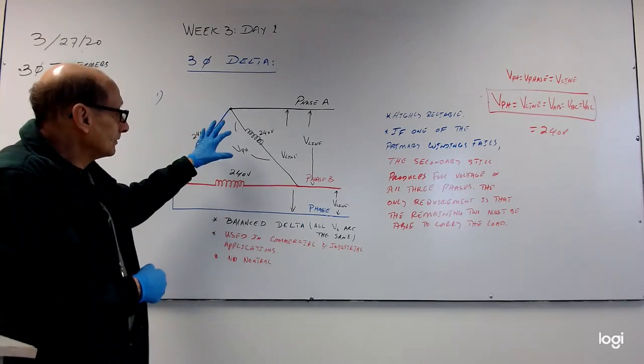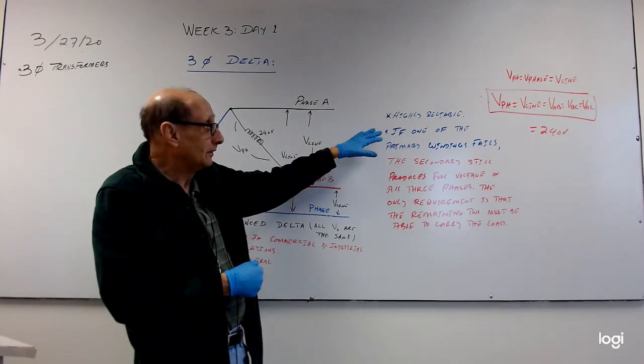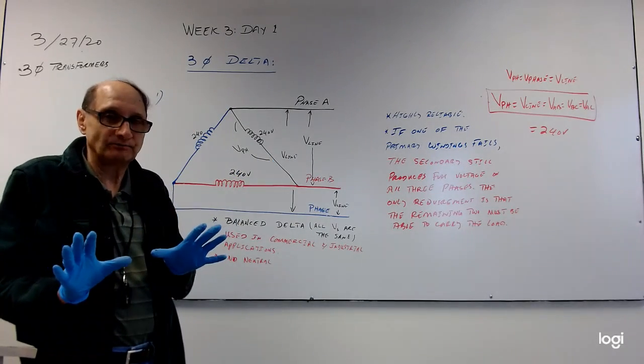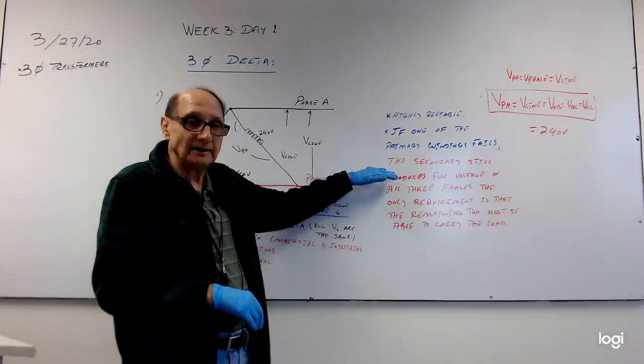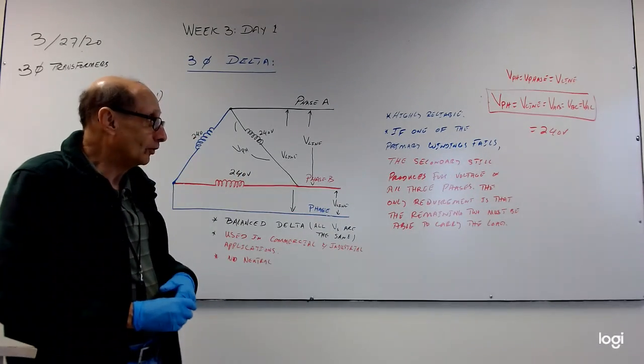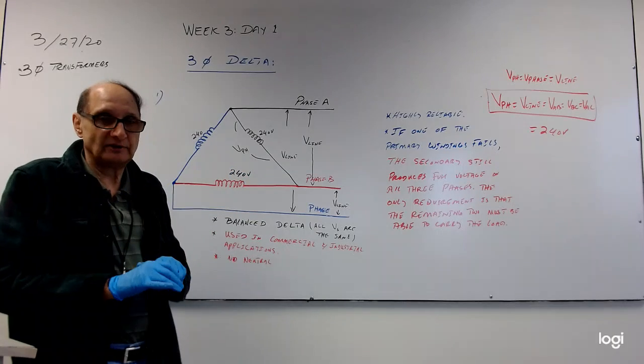Okay. So again, this one is very reliable. If one of the primary windings fails, the secondary is still able to produce voltage on all three phases.